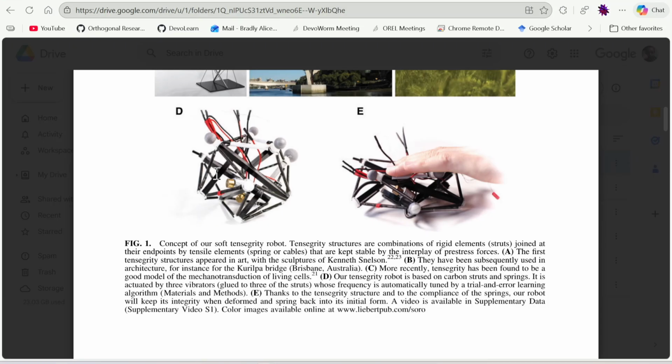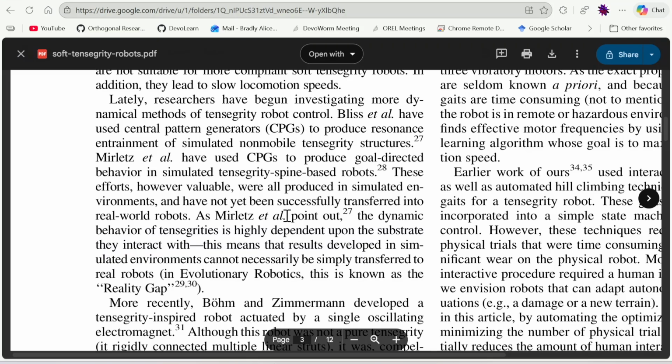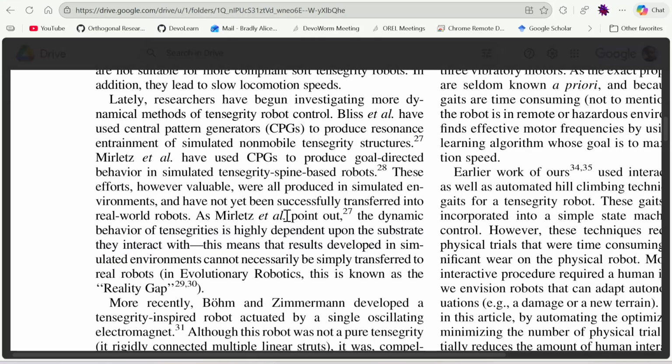But then, of course, the idea is that you can deform the thing severely and it'll pop back to its original shape. So it always remembers its old shape. It has this sort of morphological memory. And then, of course, it's able to still produce behaviors that are produced by the morphology. So one of the things about this paper is they talk a little bit about dynamical methods of tensegrity robot control.